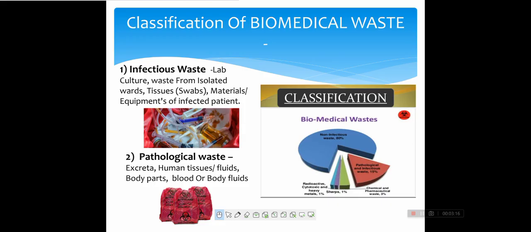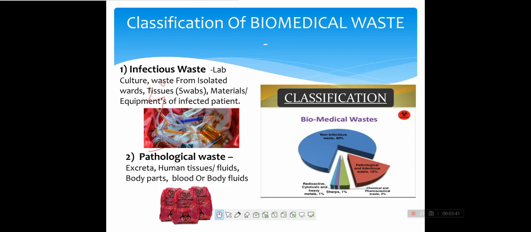Firstly, the non-infectious waste is 70 to 75 to 80%. Infectious waste includes 15%, and the hazardous category includes 5 to 10%. According to the WHO, hazardous waste is classified into different categories like infectious.